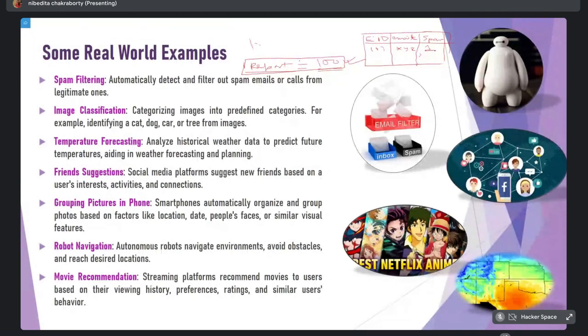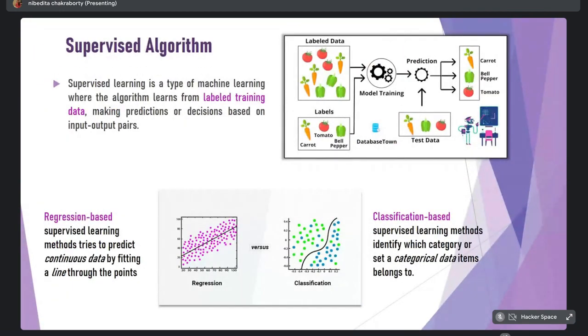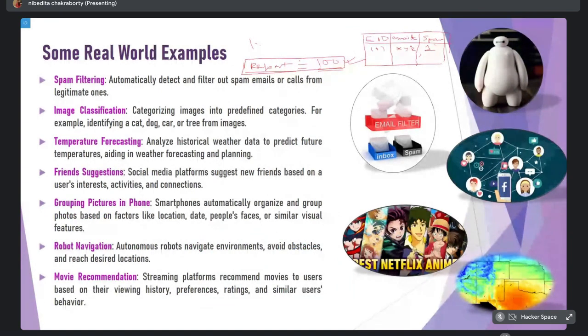So it reports 1. Another user ABC reports that 101 is not spam. So this is table data, right? This is tabular data, which means it can be called structured data. Is it understandable?